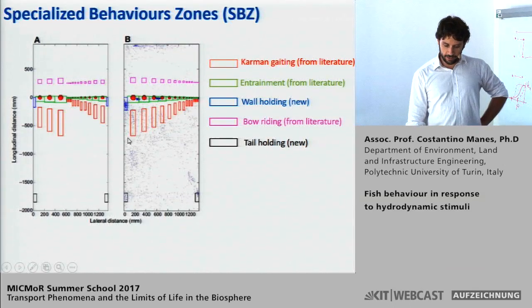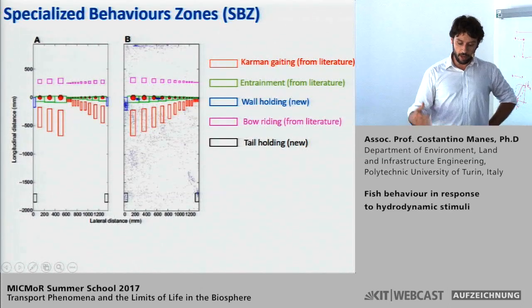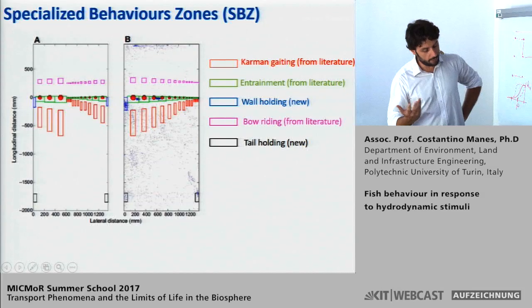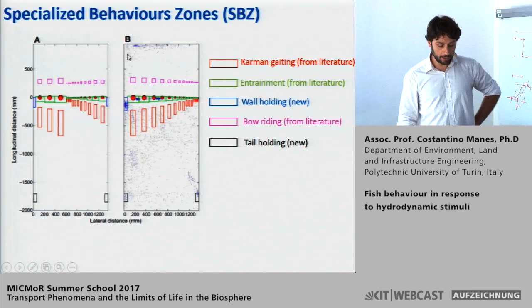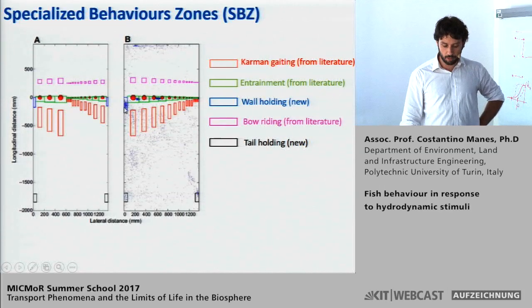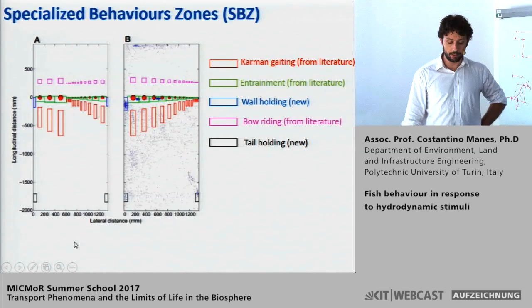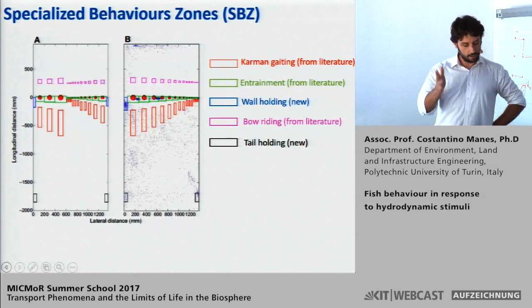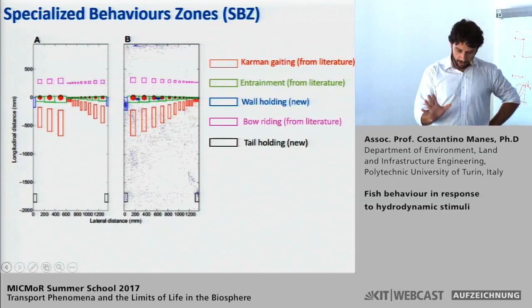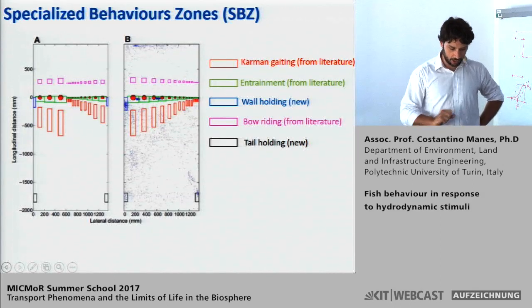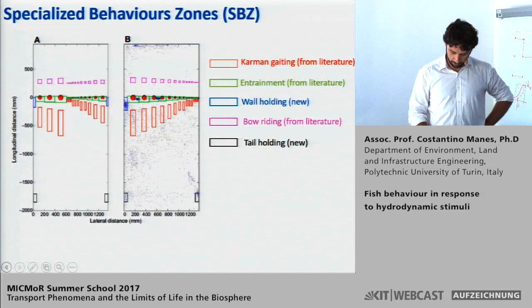However, it's not that far off from areas where the fish would do entrainment, so we have interpreted it as a sort of entrainment. But why there is energy saving in proximity of a lateral wall and a cylinder, we are not that sure. But again, these are the potential areas at low energy cost for the fish.